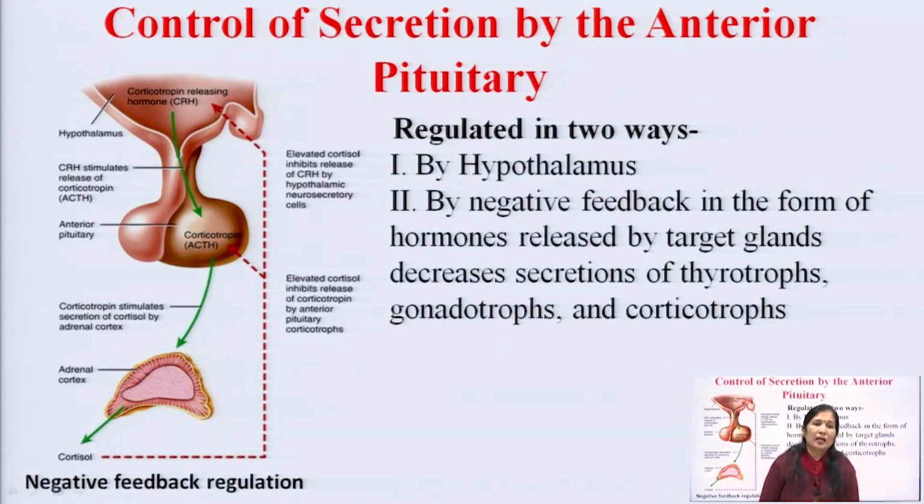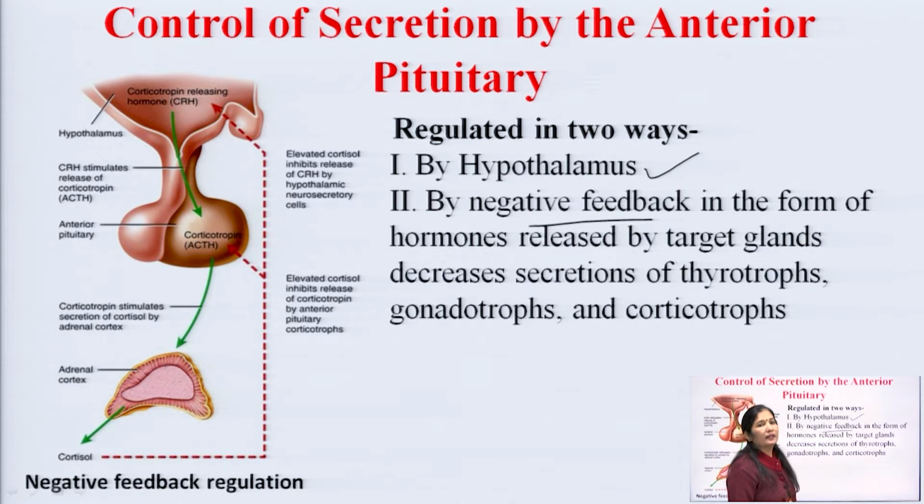Now, as we have already discussed, the secretion of the anterior pituitary is controlled by hypothalamic hormones. Another regulation is by a negative feedback system in the form of hormones released by target glands.